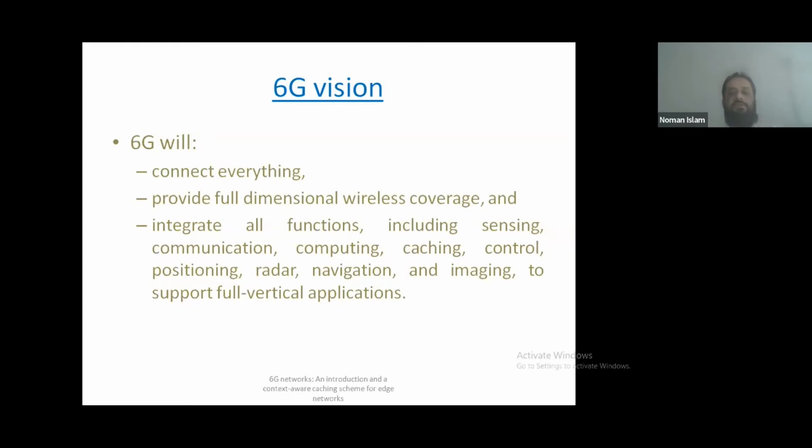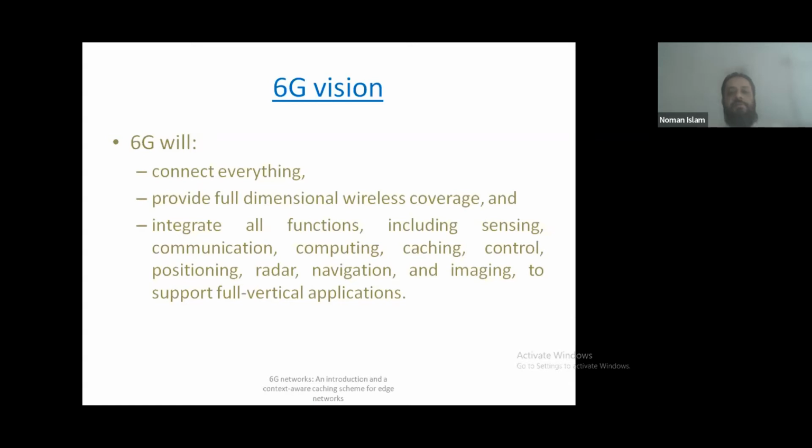As I have already talked about, besides the terrestrial network that is connecting the devices over the earth, we will have the communication devices over the space, over the air, and under the sea. All of them will be connected together. So, different functions such as sensing, communication, computing, caching, control.